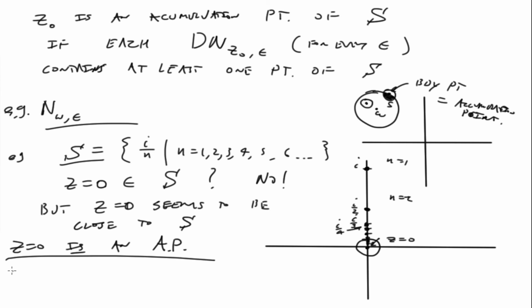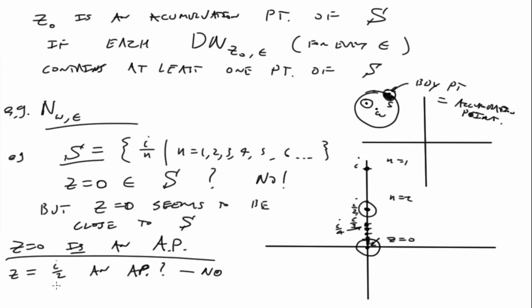Now let's try another point. Maybe is z equal to i over 2 an accumulation point? The answer is no. I can draw a deleted neighborhood around it that's small enough.